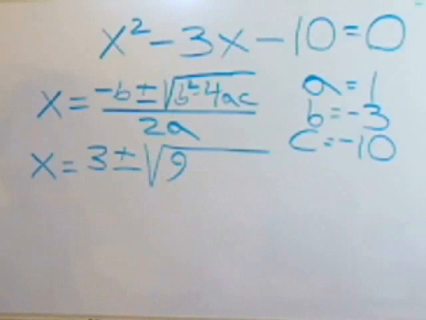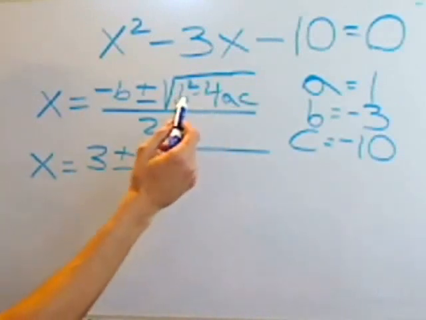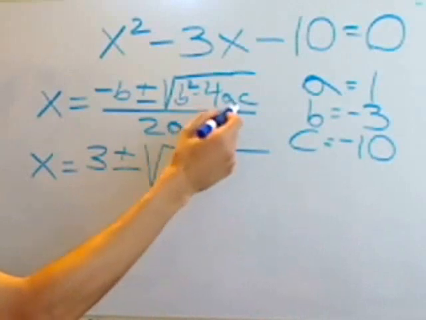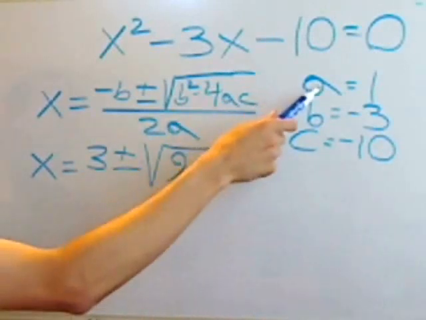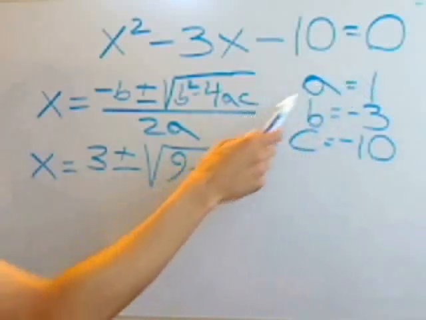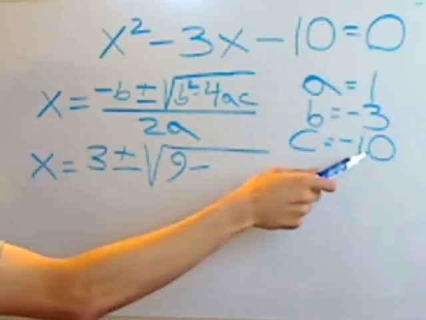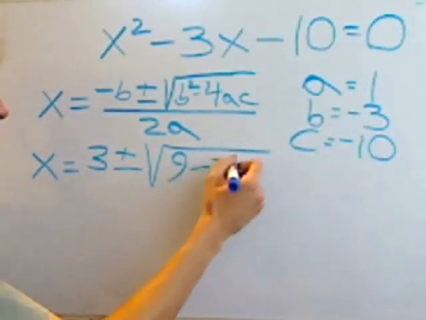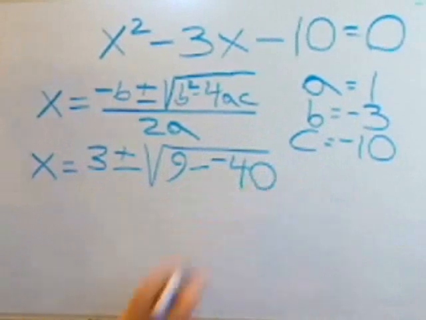So we get a 9 there. We have the little minus here, so minus 4 times a times c. So 4 times 1 times minus 10 is minus 40, so we get a minus 40 in here.